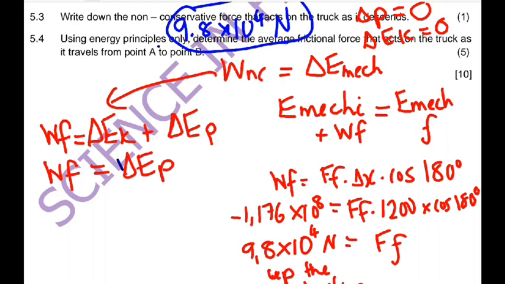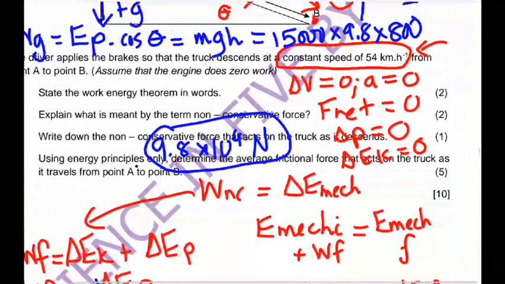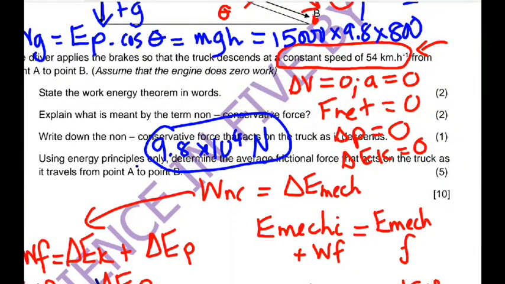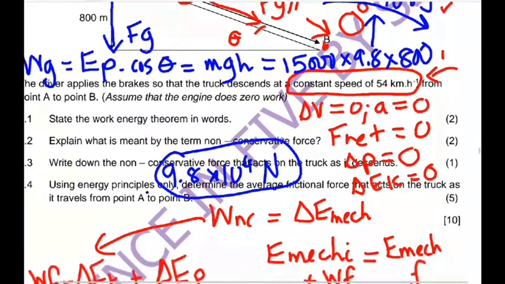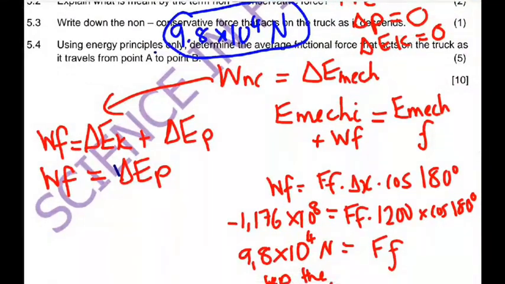Delta EP is the same as the work done by the gravitational force. So this leads us again to this idea that since we know that the work done by the gravitational force is 1,176 times 10 to the power 8, we will get the same work done by friction. And then we'll get the same frictional force.